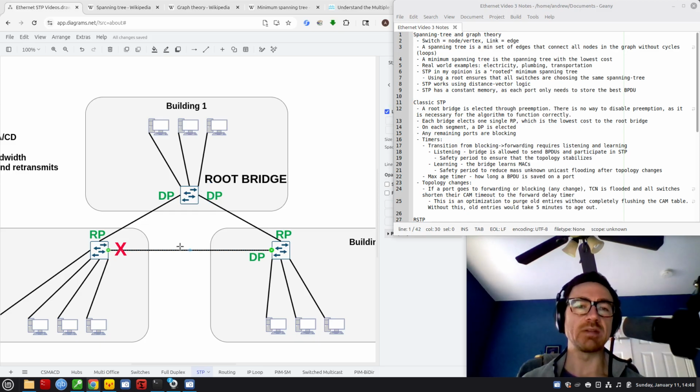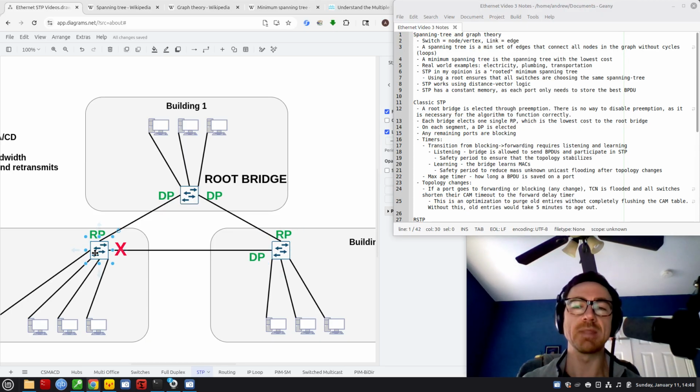On this segment, there can only be one designated port, and one other port is going to be blocked, because there's no root port on this segment. Perhaps this bridge has the lower bridge ID, so this port is going to be blocked, and this port is going to be the designated port. There's no mechanism where this switch says, are you going to be the designated port? And this switch says, yeah, I'm going to be.